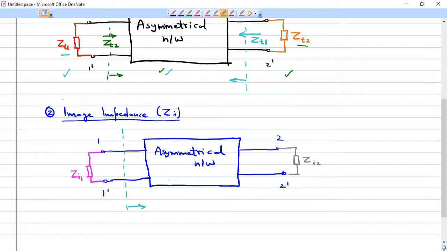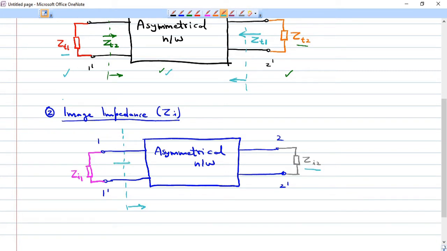So we have this asymmetrical network to which we have attached the image impedance Zi2. Okay, so we have attached this Zi2, and what is the impedance that we see from the input side?